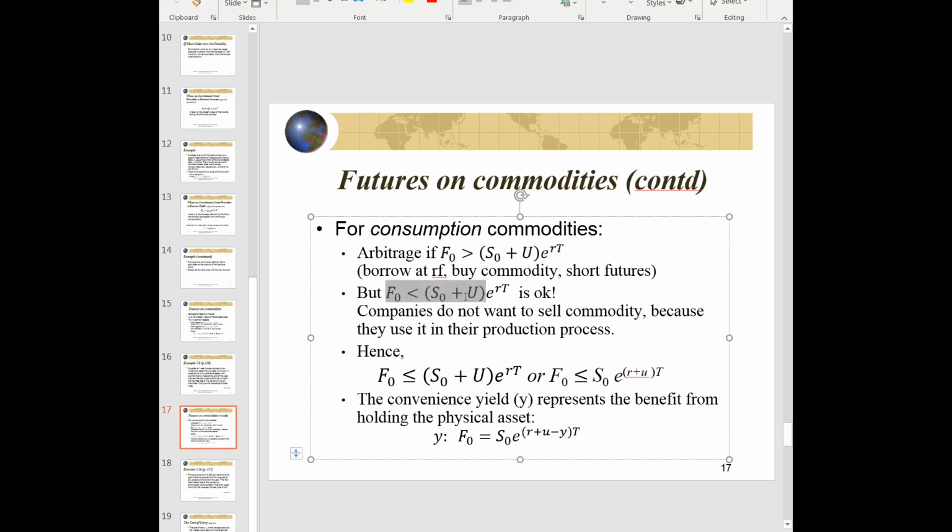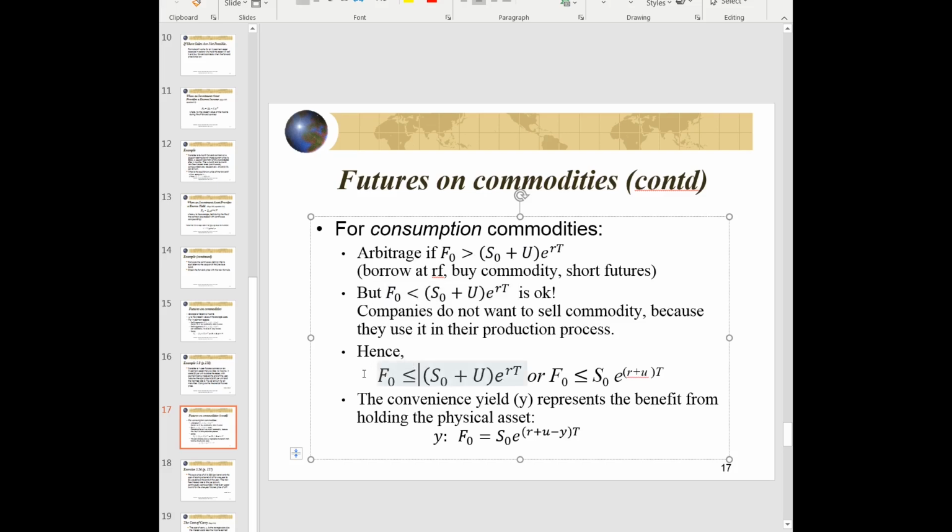But if the futures price is too low, meaning lower than this bound here, then there is not necessarily an arbitrage opportunity. The reason is that to do arbitrage, the companies would have to sell the commodity to get rid of this. But since this is a consumption commodity, they may not want to do that because they need it to produce something. So while this we will not observe because there will be arbitrage opportunities, this we may observe.